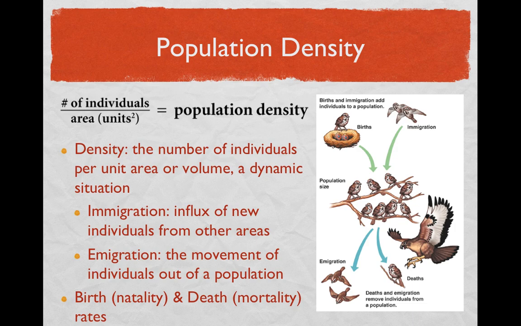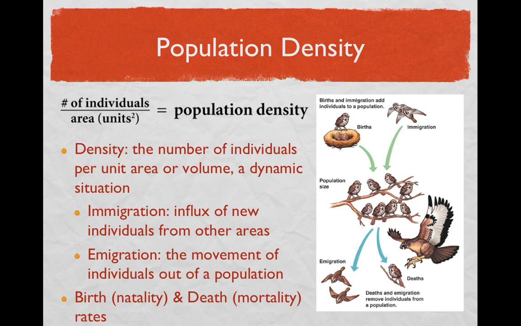So, population density. We're looking at the number of individuals given some sort of defined unit of either area if we're talking a terrestrial ecosystem or volume if you're talking something aquatic. And this is really a dynamic situation.